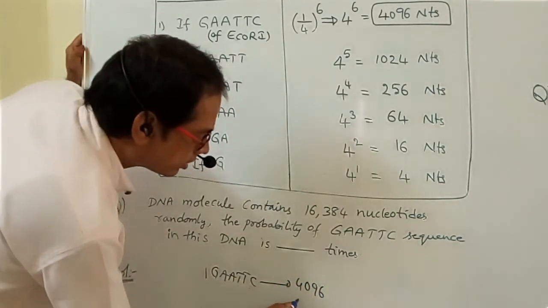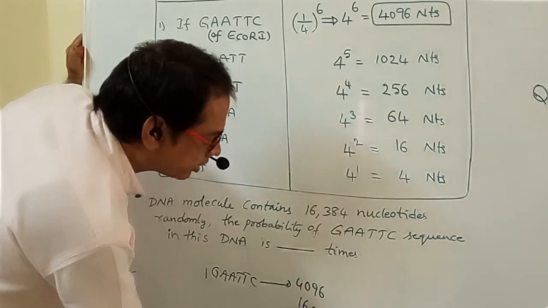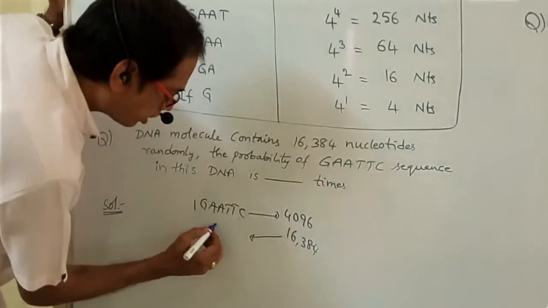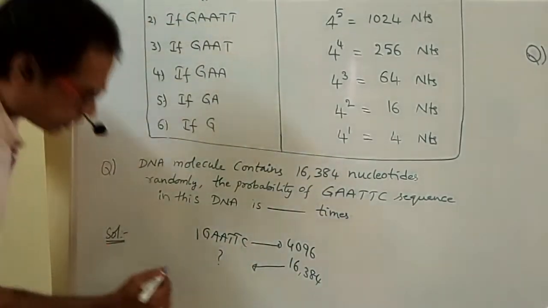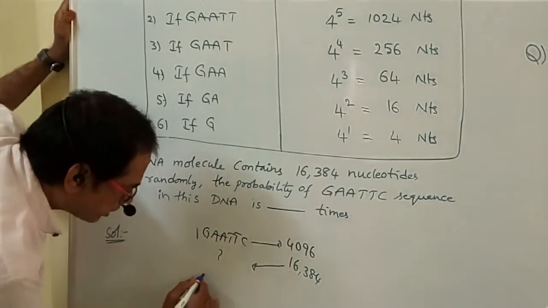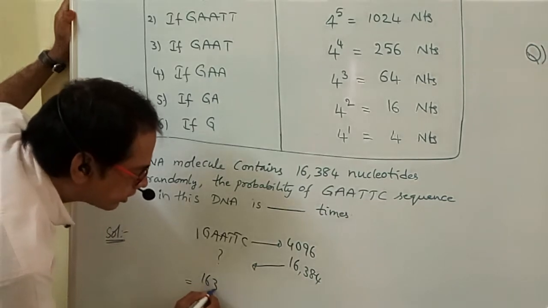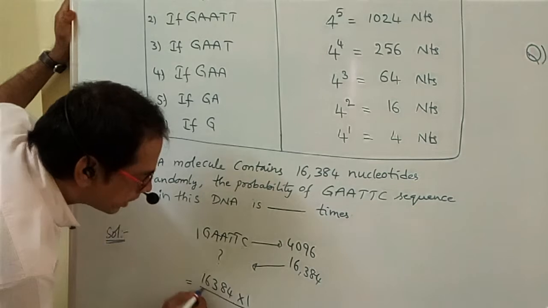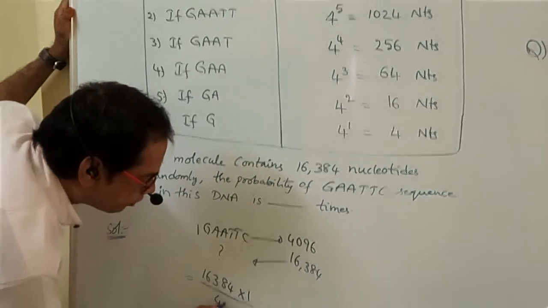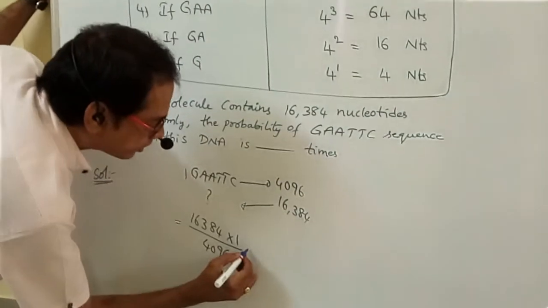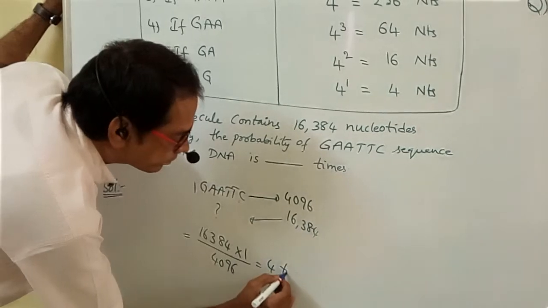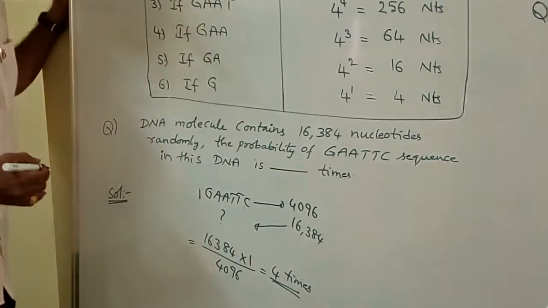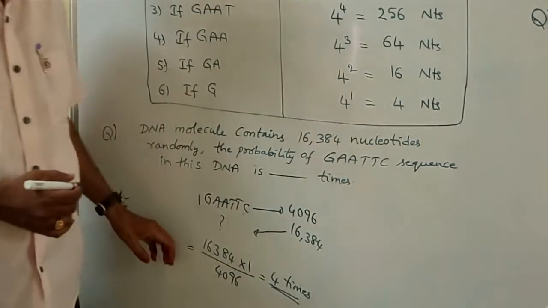Then in 16,384 nucleotides, it will be found how many times? That is equal to 16,384 into 1 divided by 4096, that is equal to 4 times. Okay, nearly 4 times.